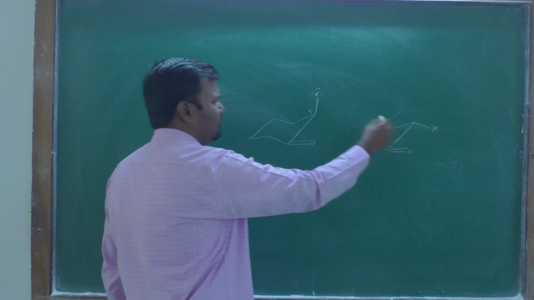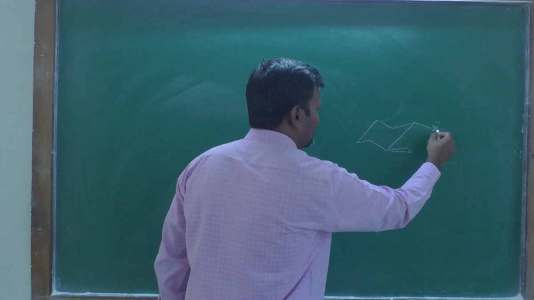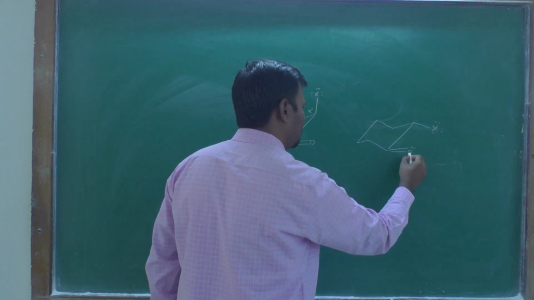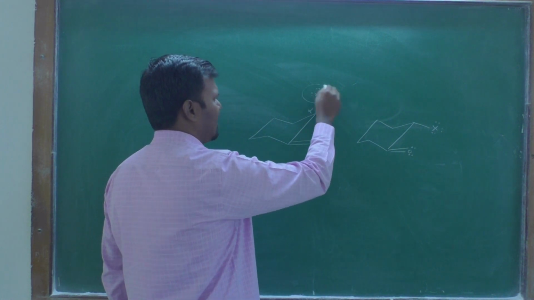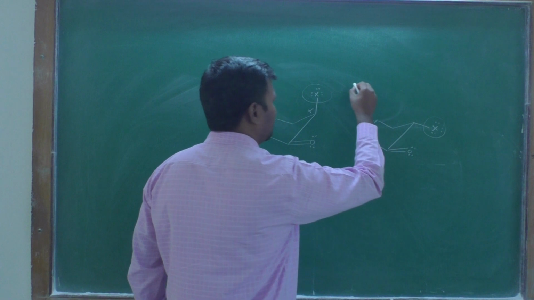Okay, the halogen has lone pairs, and oxygen also has two lone pairs. Such polar groups are the halogens.